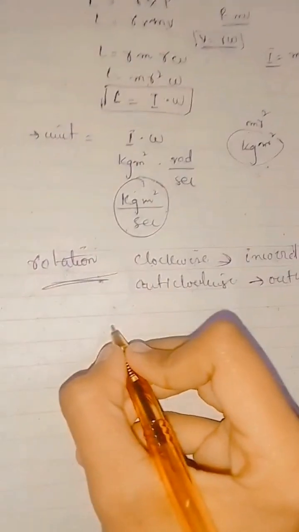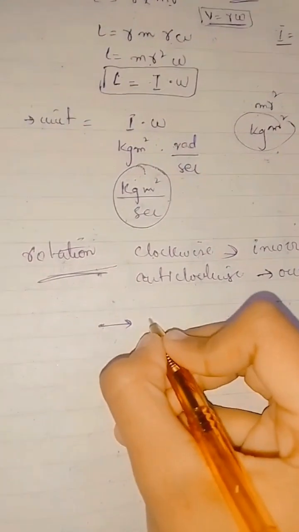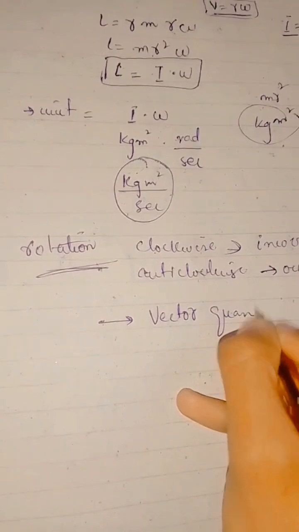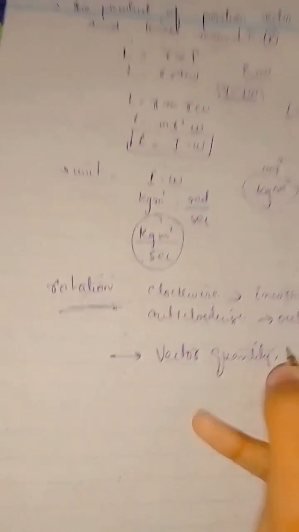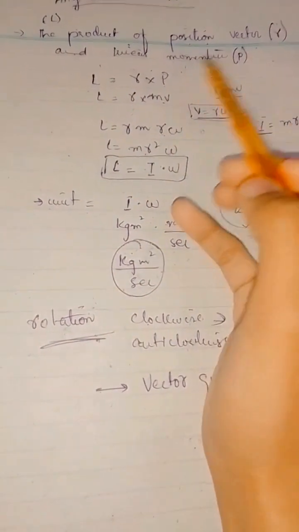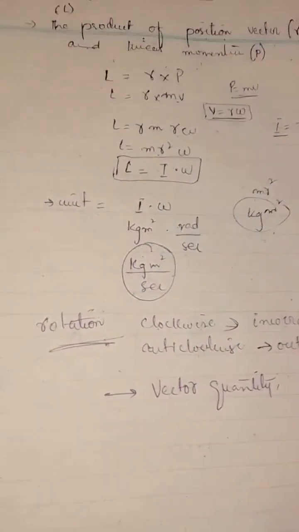And it is a vector quantity. So that was angular momentum. The product of position vector and linear momentum is known as angular momentum.